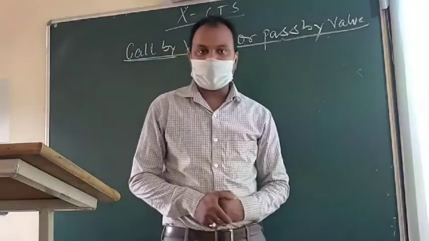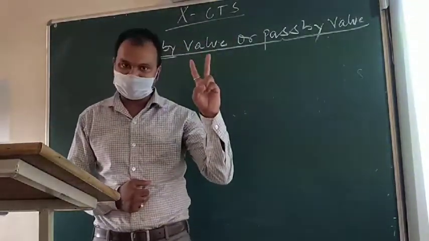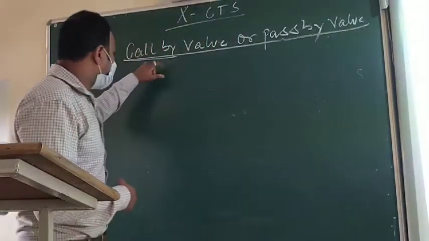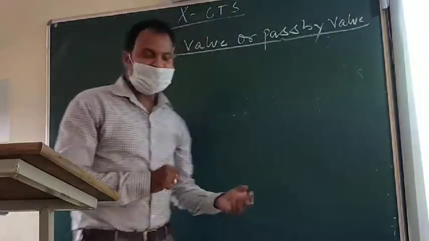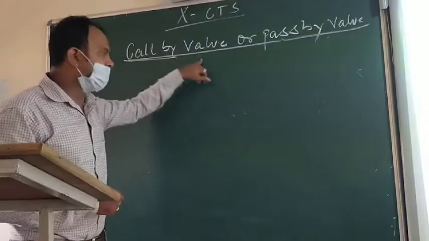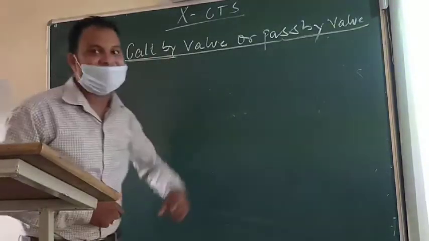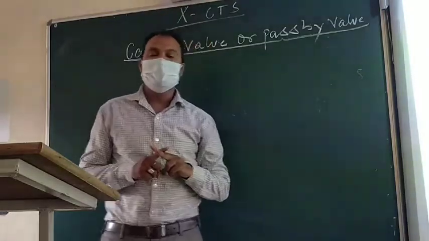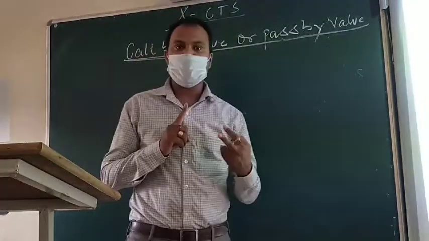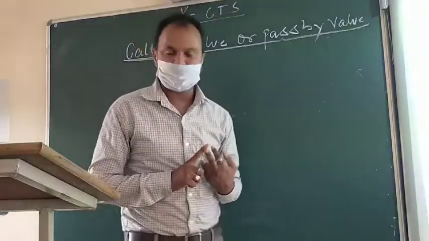A value can be passed to a method in two ways in Java. The first is call by value or pass by value, and the other is pass by reference or call by reference.